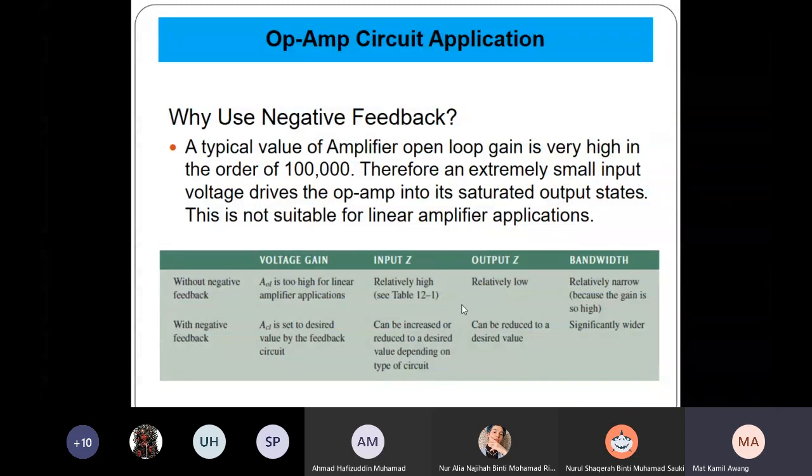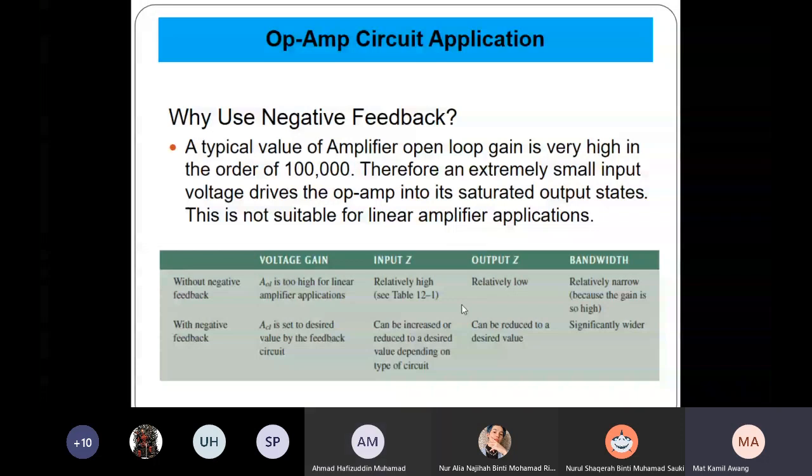For example, 1 millivolt of input, which is one thousandth of a volt, multiplied by 100,000 will give you 100 volts.